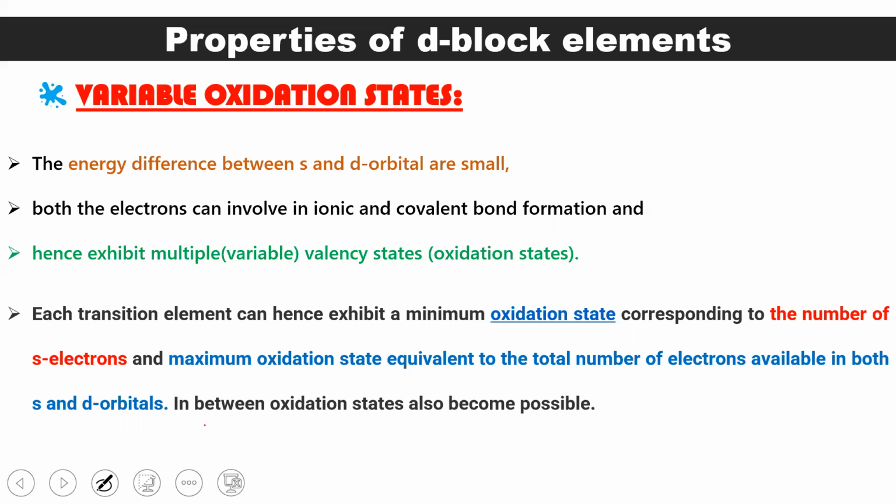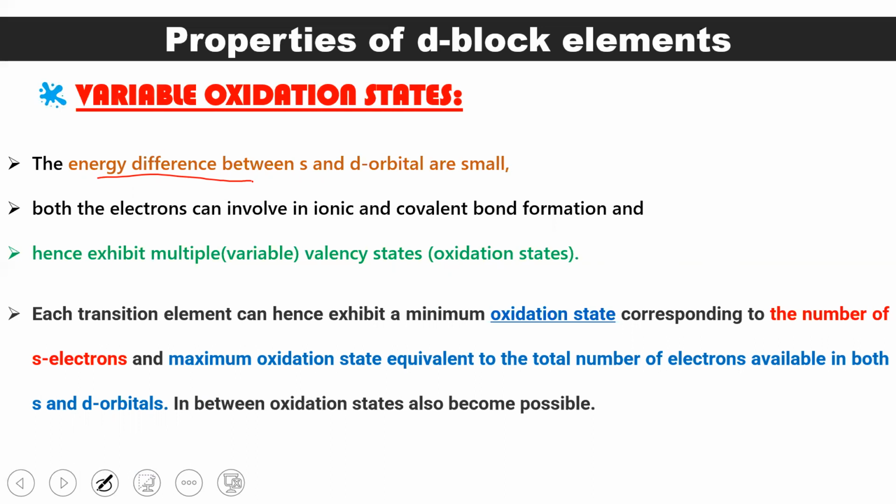This is because the energy between the s and d orbitals is very small, and the d electrons as well as the s electrons are involved in the bond formation.